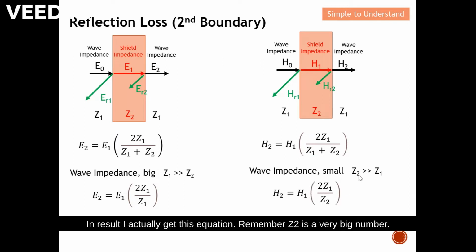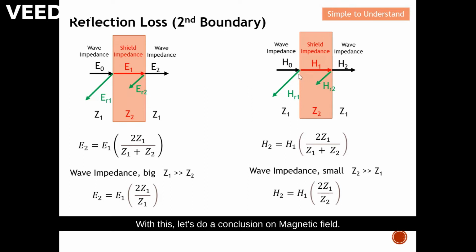Remember, Z2 is a very big number and Z1 is a very small number. So a small number divided by a very big number, you can imagine that this H2 is going to be a very small number. So when H2 is very small, it means that most of the incident wave of H1 will be reflected back.